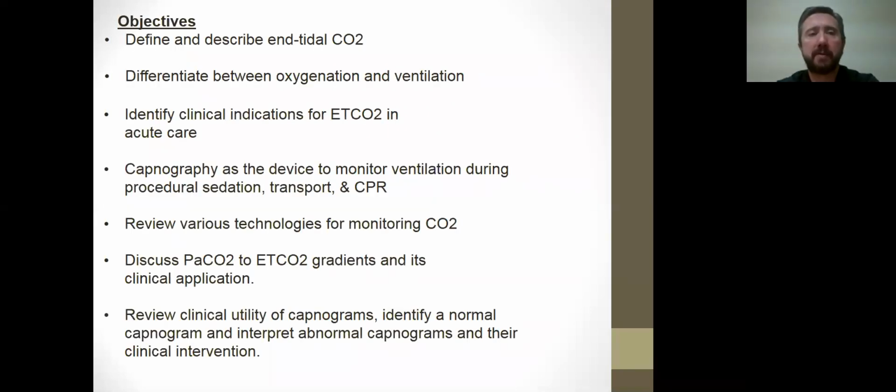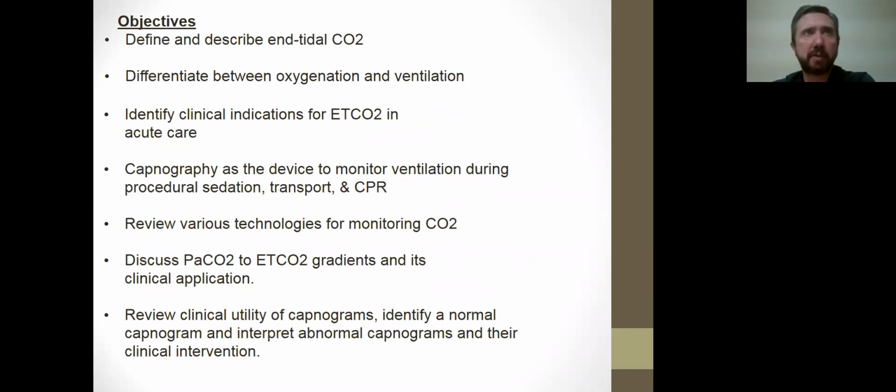So let's get into our objectives here. We're going to define and describe end-tidal CO2. We're going to differentiate between oxygen and ventilation, as mentioned. Define clinical indications for end-tidal CO2 in acute care. Capnography as a device to monitor ventilation during procedural sedation, transport, and CPR. We're going to review various technologies for monitoring, just as a quick introductory aspect if you've not heard it before.